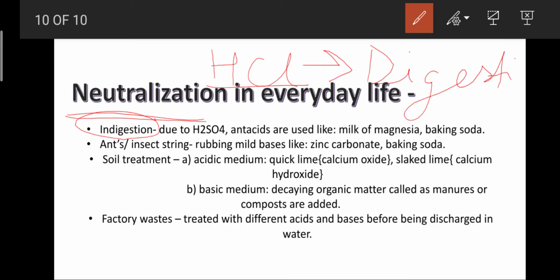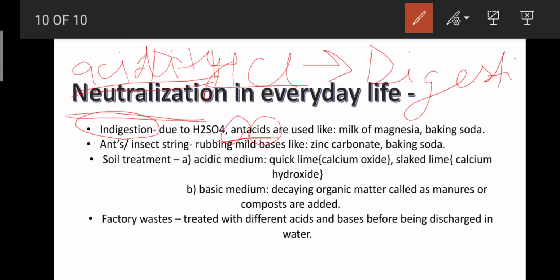But whenever the amount of HCl is high inside our stomach, it causes acidity. And this acidity can be neutralized by using antacids, as their name says. Ant means anti-acids, which kill the effect of acid.